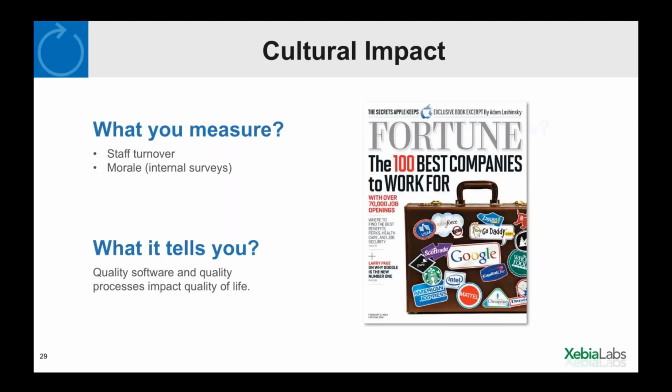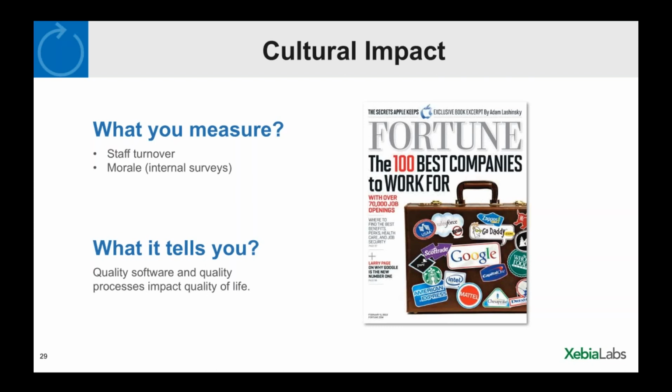Now the last one, probably a little bit controversial here: how do you measure the cultural impact of it? This gets really hard because there's not a lot of metrics that are tied to culture. I would say things like staff turnover might be a good indicator to say, are you having some benefit from the transformation?